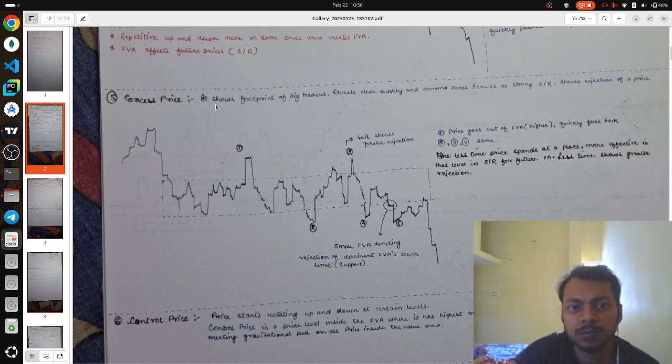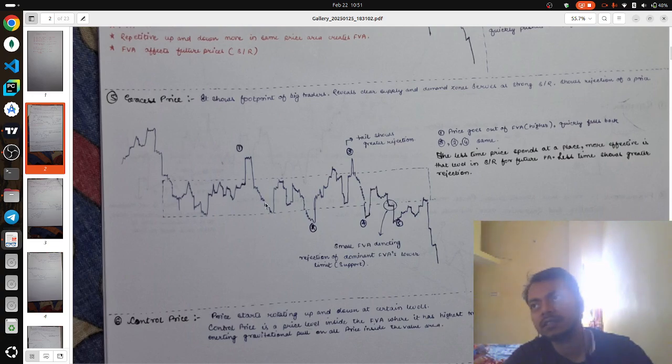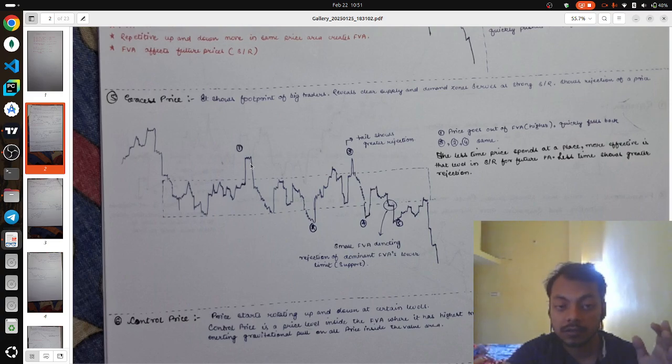Excess price is the footprint of big traders. Whenever price goes to excess, suppose it goes above the fair value area, what does that indicate? Big players were thinking that price is fairly valued in the rectangular box. Now, when price has moved above the rectangular box, the price is expensive. This increased price attracts whom?